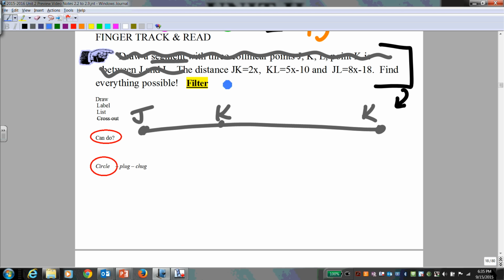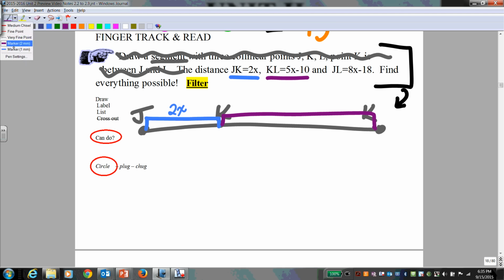Okay, ready? The distance of J to K, so I'm going to bracket that, is 2x. The distance of K to L is 5x minus 10.